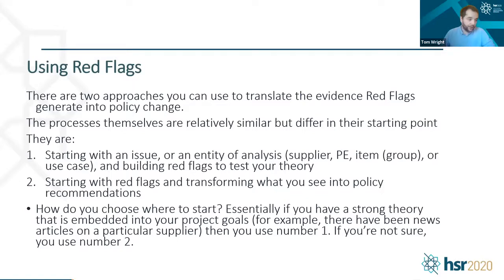It's all about which entity of research you start with. You can start with a particular procuring entity. You can start with an entire system. You can even start with a particular item. So in the context of COVID, PPE has become a very important research entity in the area of procurement, personal protective equipment.